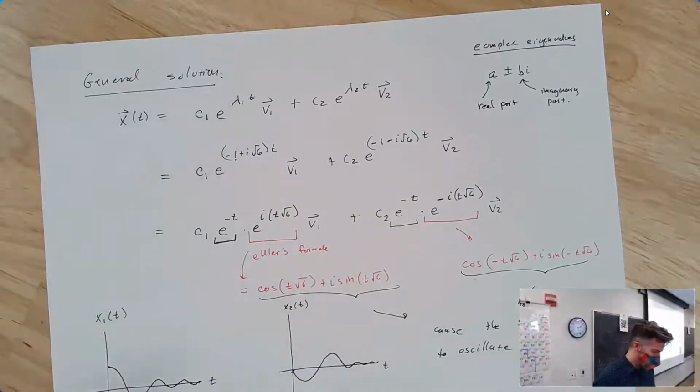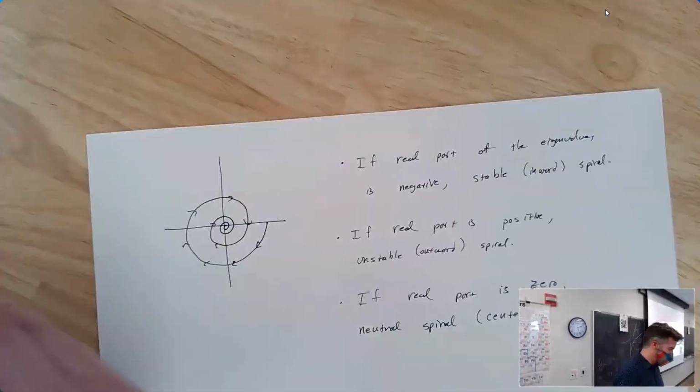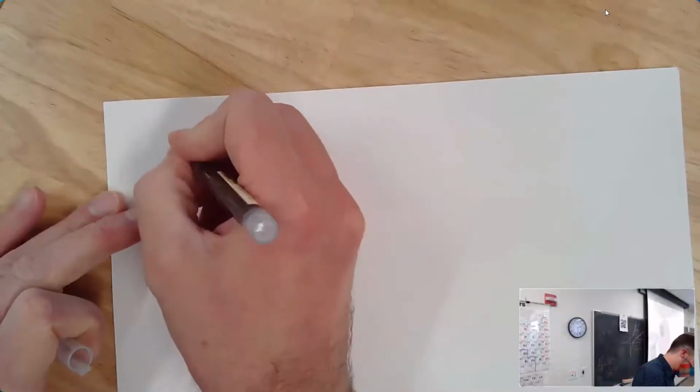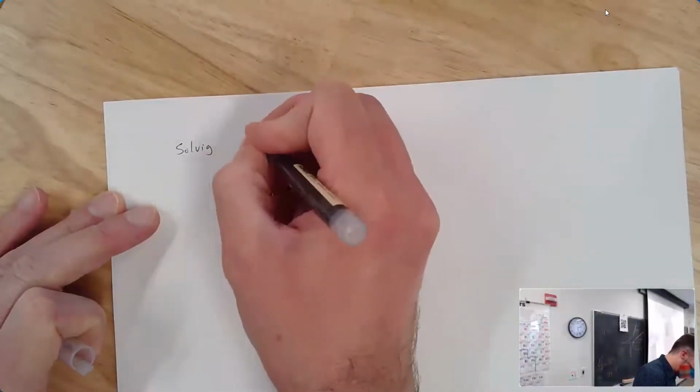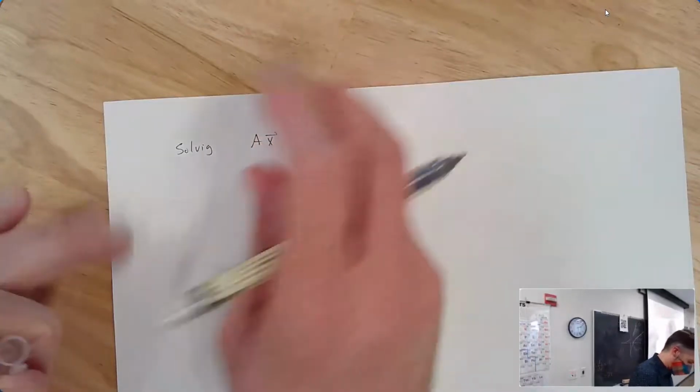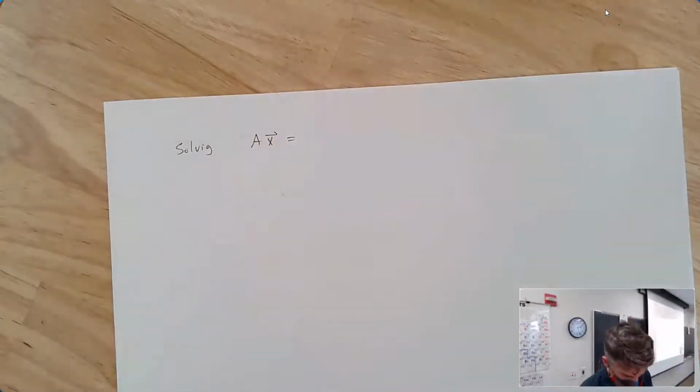Cool. So let's write it all down, just so we all have it. Here's the big gist. If you're solving this system, sorry, this pen is not doing it for me.